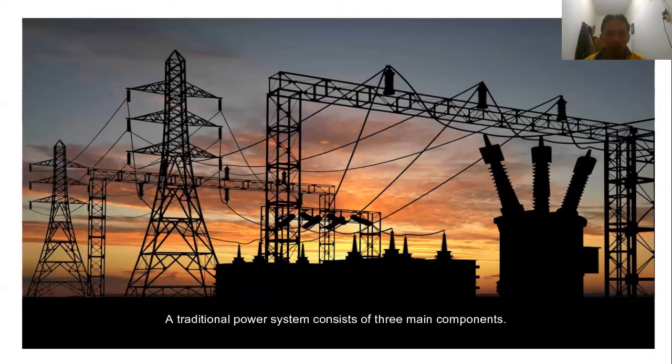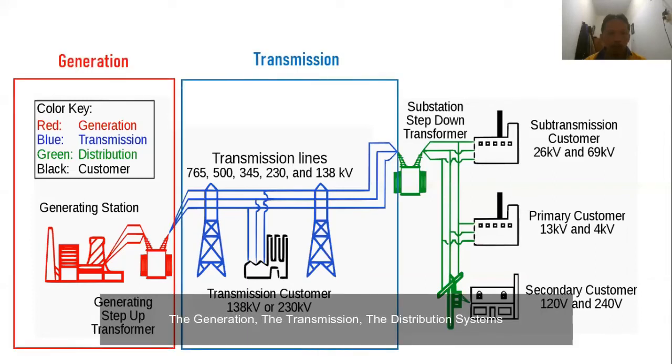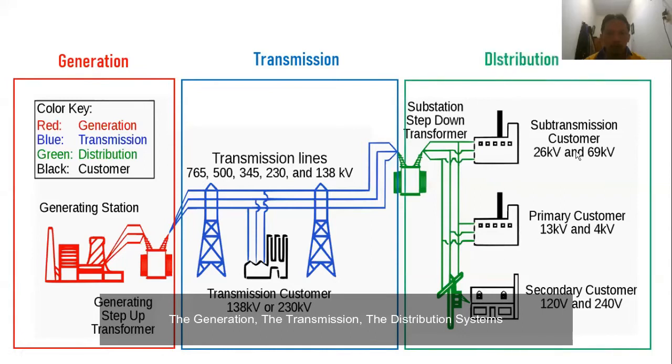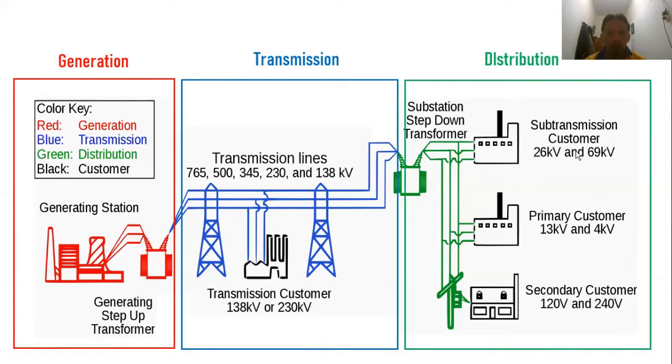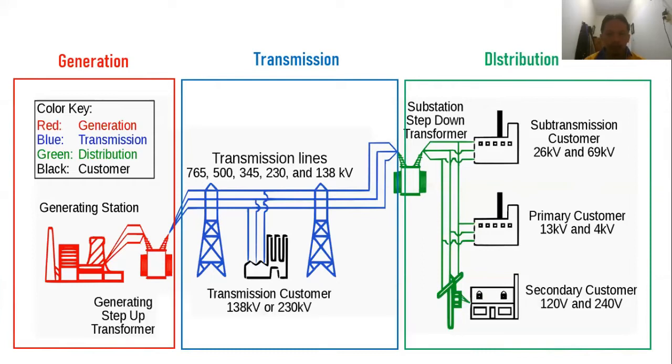A traditional power system consists of three main components: the generation, the transmission, and the distribution system. We call it traditional because the generation of electricity is centralized, meaning that only a few large power plants are involved.